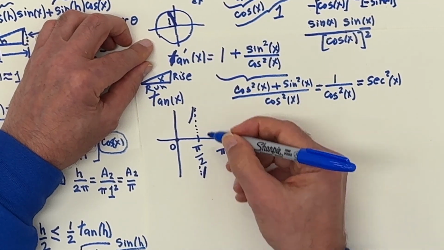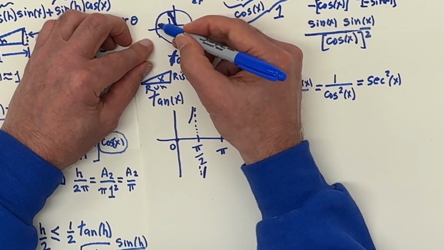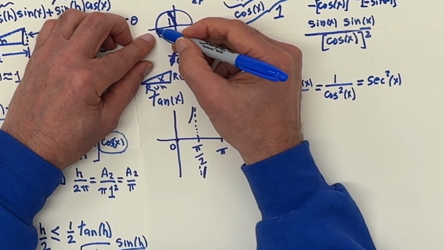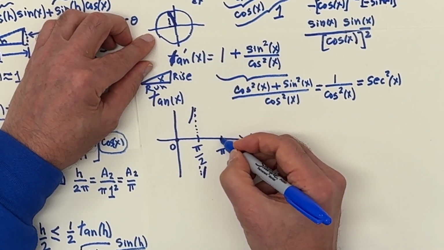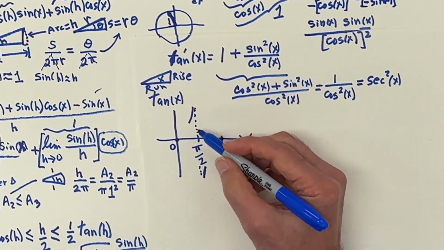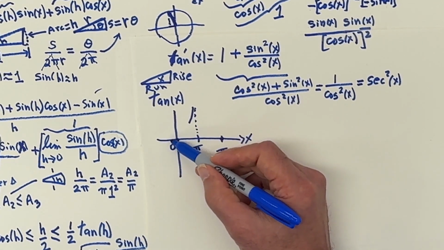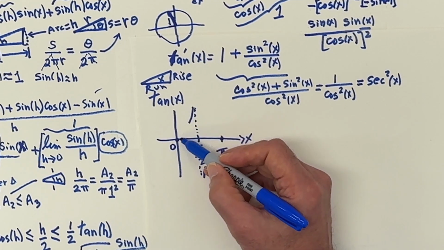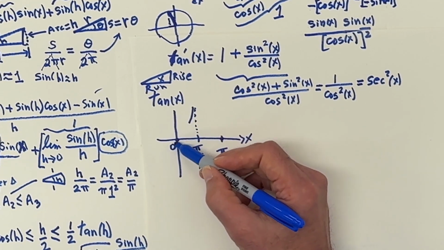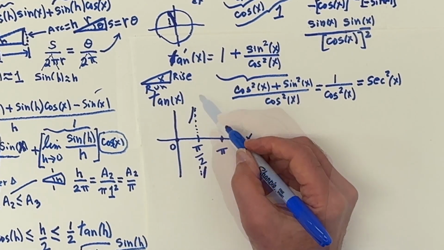And then you're going to come up as you approach pi, it's going to be 0 again. So you're going to go from here back to 0. But what's going to be here? Is it going to slide down and be a minimum, or is it going to slope down and have some slope? So let's look at that.